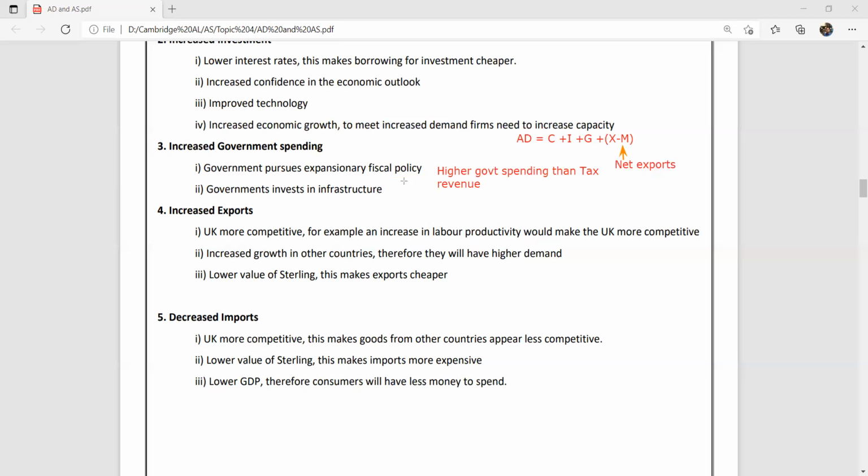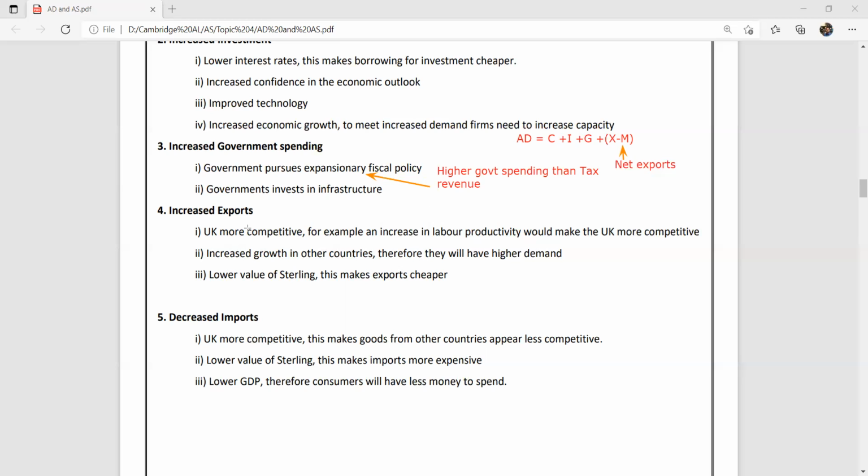This is the meaning of expansionary fiscal policy. Then the government invests in infrastructure, and not only infrastructure, investing in many areas. Infrastructure is somewhat common. So maybe it's spending on roads, maybe telecommunication, and some other expenses.